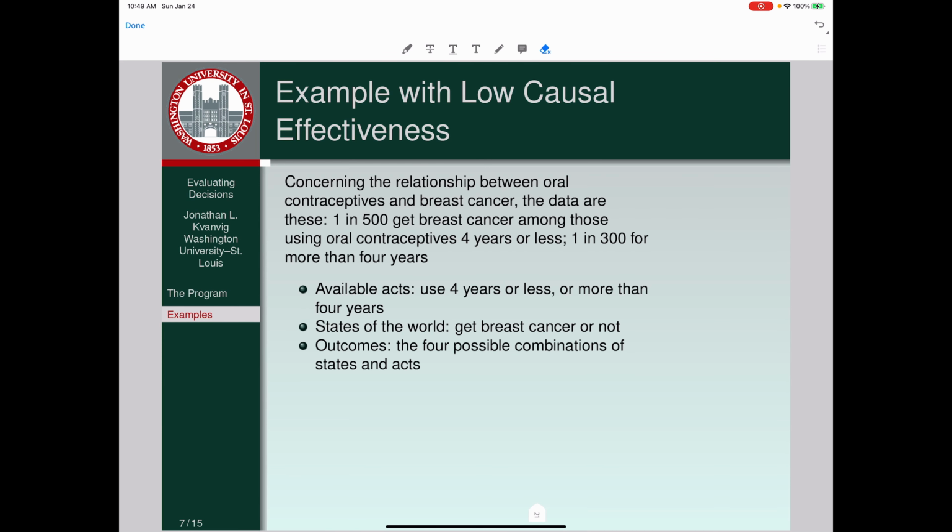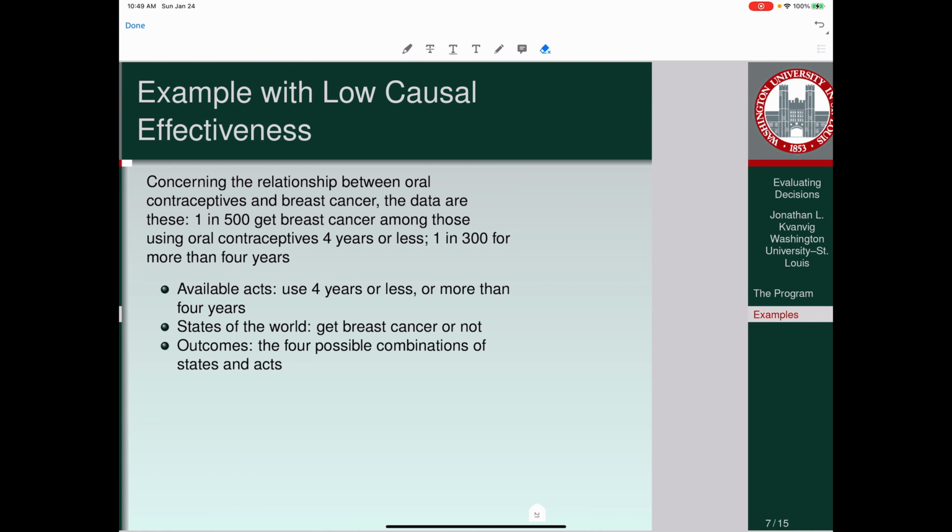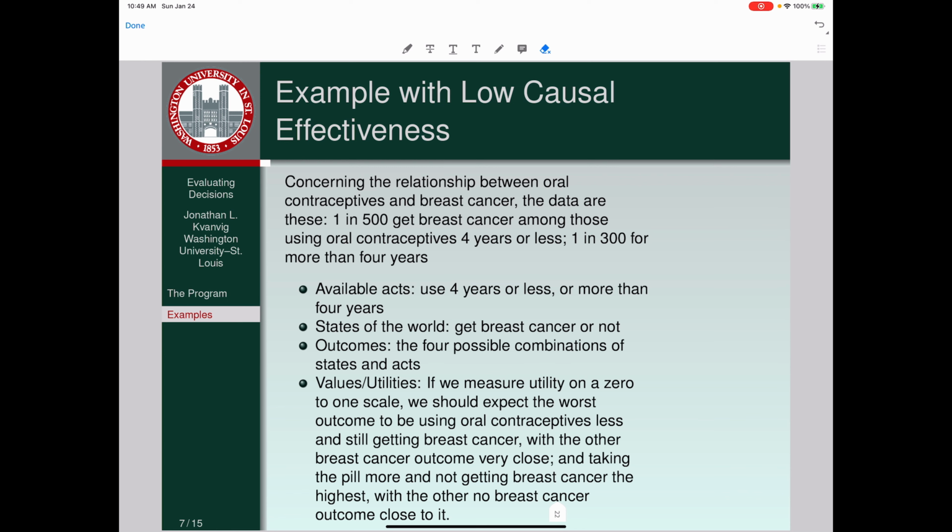The outcomes are the 4 possible combinations of states and acts, and the values are utilities here. Which one shall we use? If we measure utility on a 0 to 1 scale, we should expect the following kinds of results. The worst outcome would be using oral contraceptives less and still getting breast cancer.